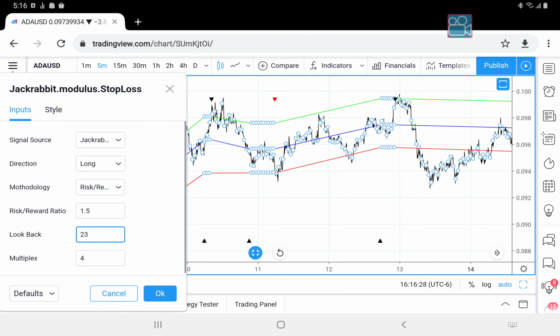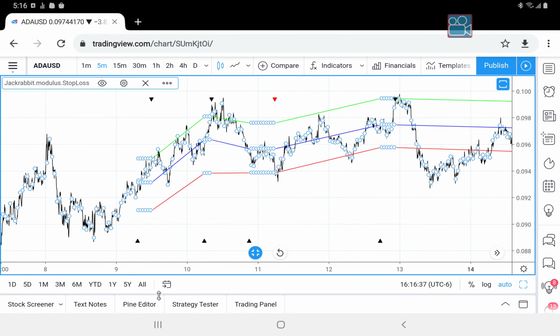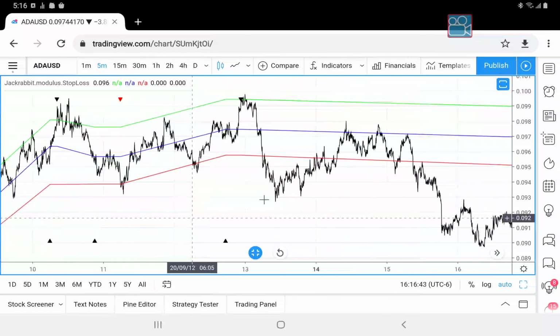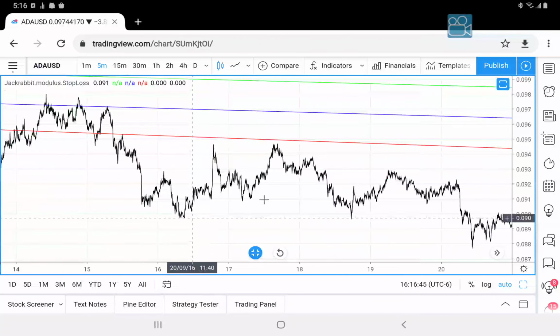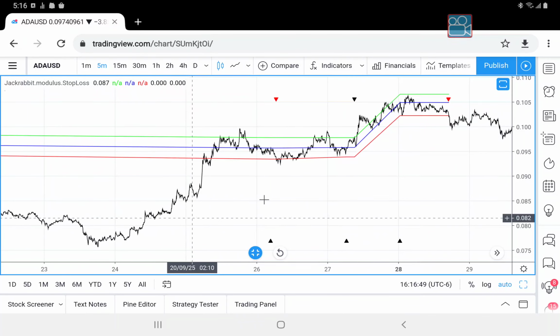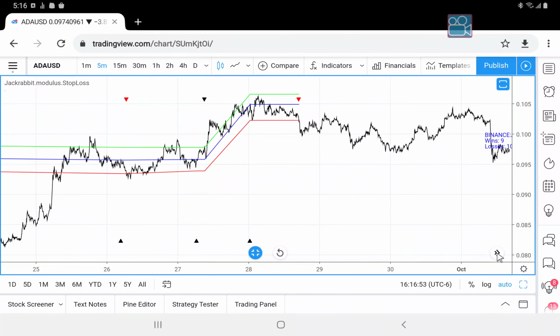So there are a lot of things you can do that can help you decide the best level of risk versus reward that you want for this procedure. Now, one thing that you can do, which does work well, and let me get over here where I can demonstrate it.